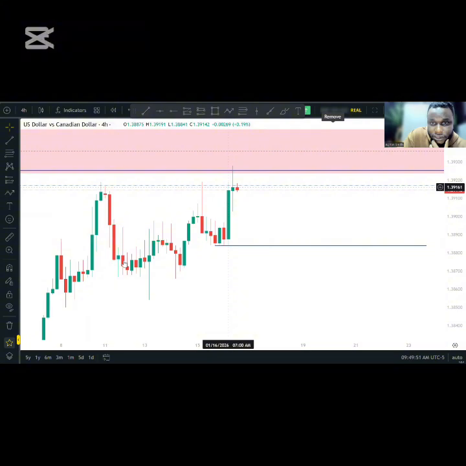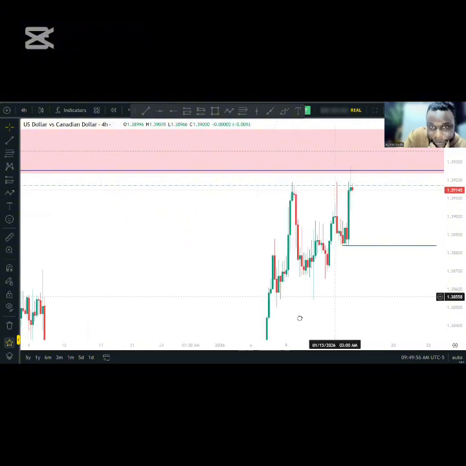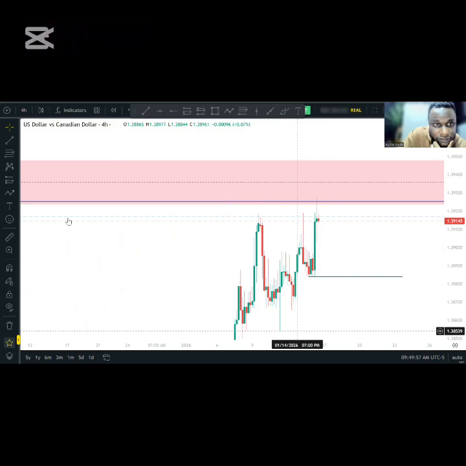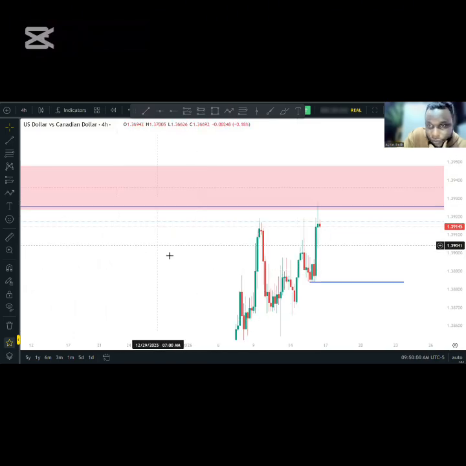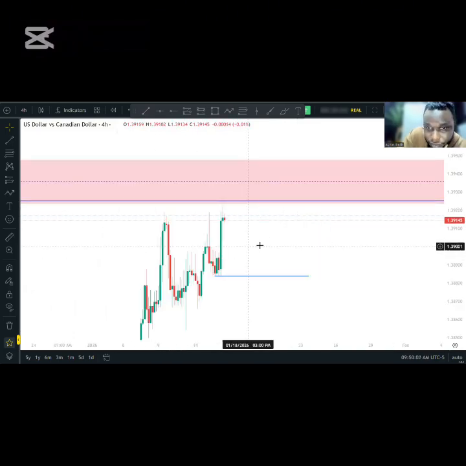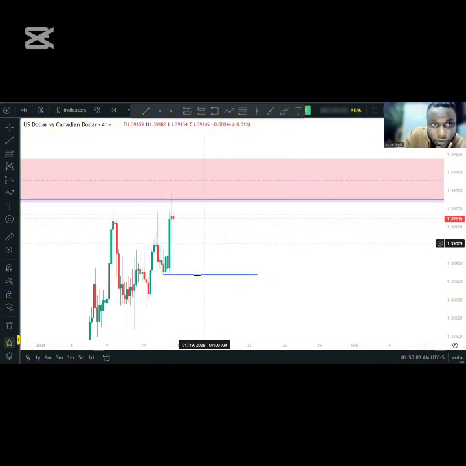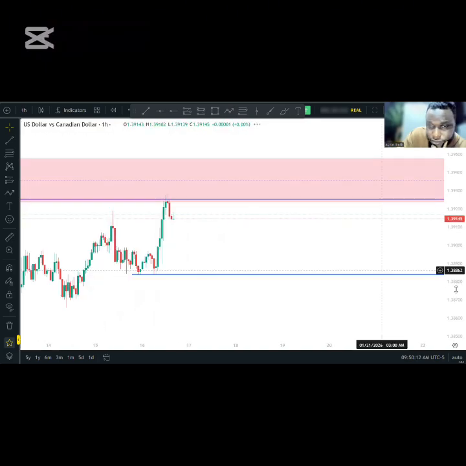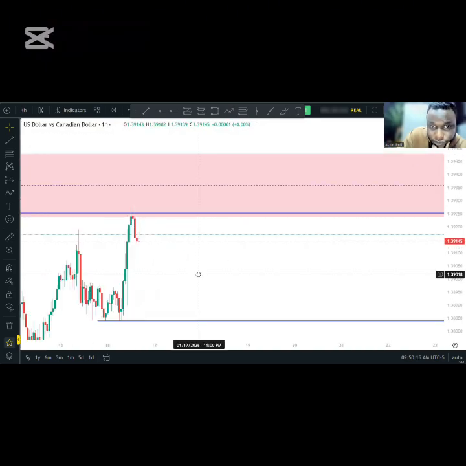So from this level, we'll be looking at how to get our trade. Let's just use the chart to see where we can get our trade from. Going to the 1-hour time frame.